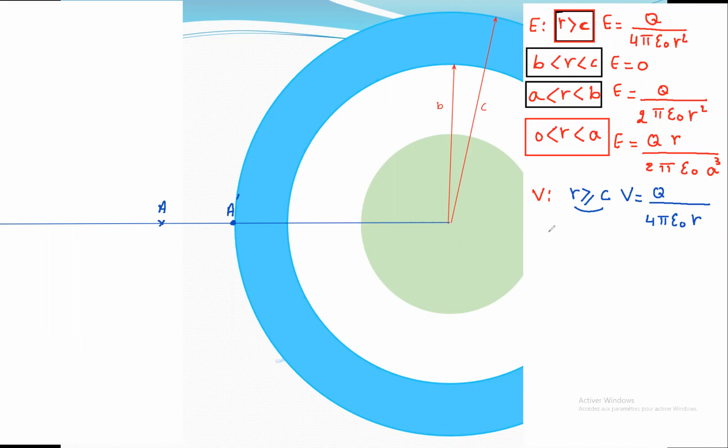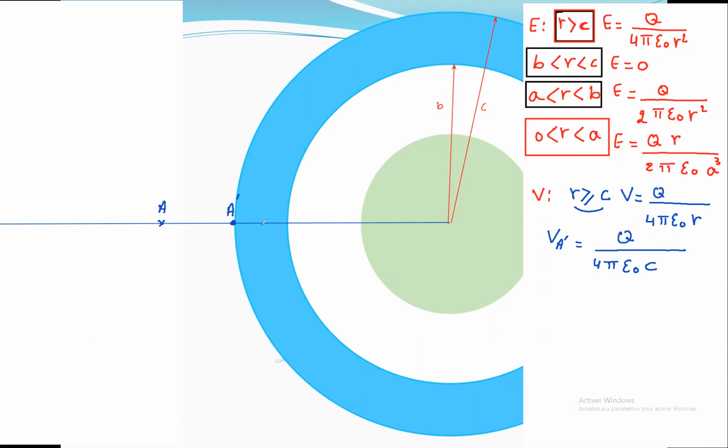We can say directly VA prime equals to Q divided by 4 pi epsilon 0 RA prime. RA prime equals to C. So we can say C.